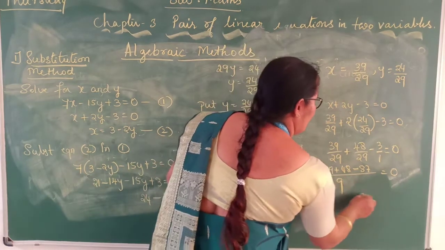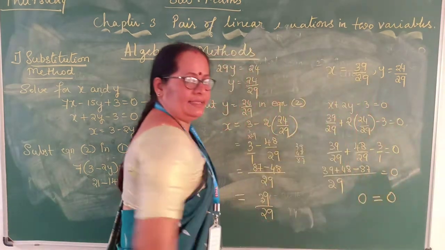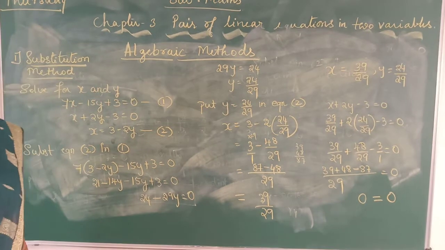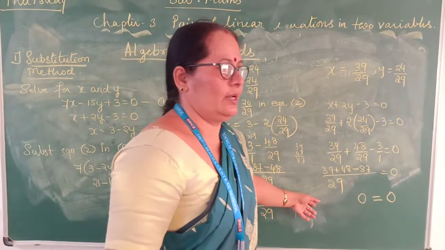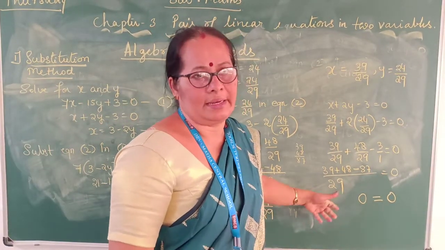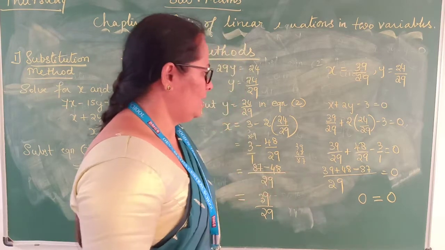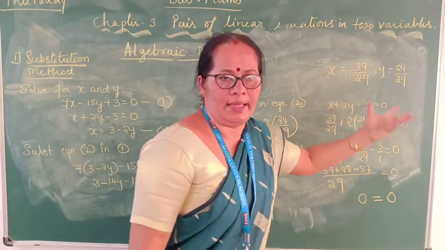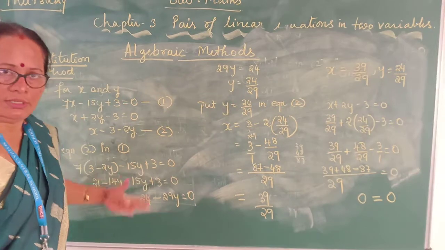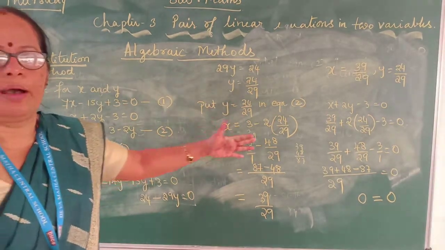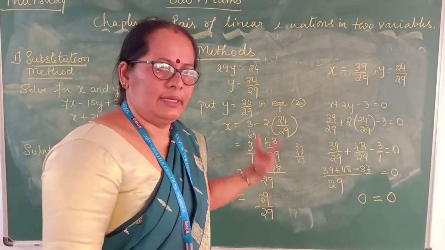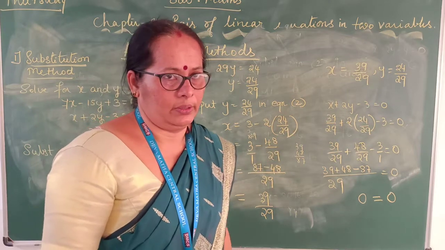So LHS is equal to RHS. If you cross check your answer, you will know whether your sum is correct or wrong. You substitute the x and y values in any one of the equations. If LHS is equal to RHS, then your answer is correct, or else wrong.